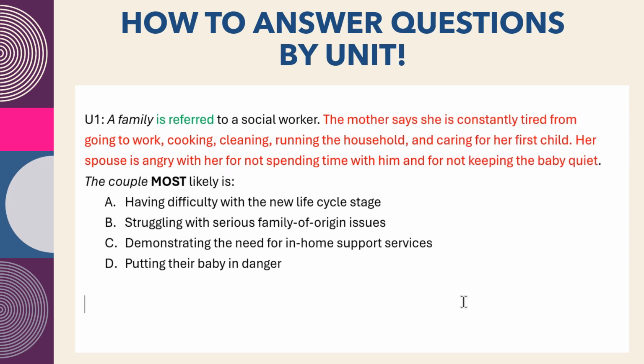So in this case, it would be that they're most likely having difficulty with the new life cycle stage, because it appears that they have their first child, and she's busy doing all these other things, and now she's not able to spend as much time with him as before the baby came, and she's having a tough time maybe keeping the baby quiet. So this would be them having difficulty with the new life cycle change.